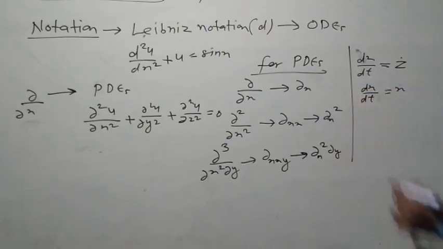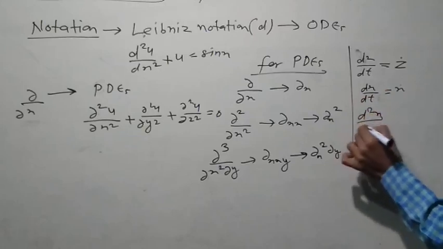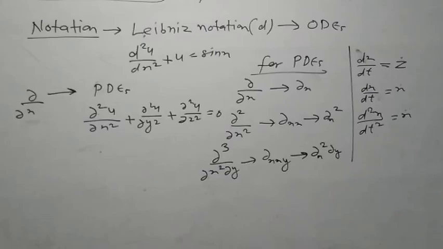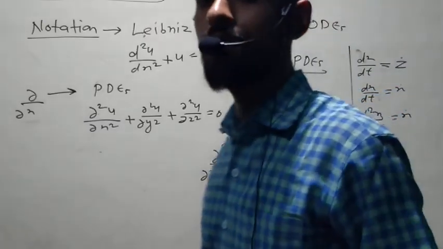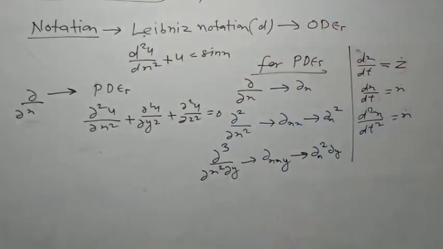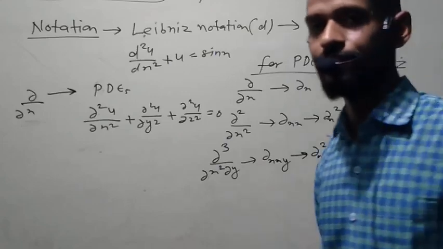This is the velocity. d2x by dt square is x double dot. Means if we have to differentiate with respect to time any function, then we write that function in the form of dot. If 1 time derivative, then 1 dot, 2 times 2 dot, and so on.